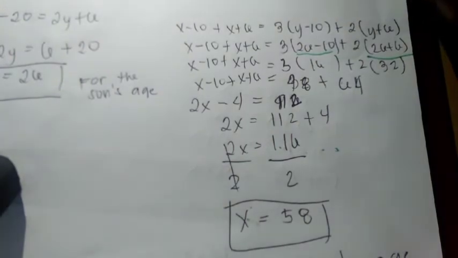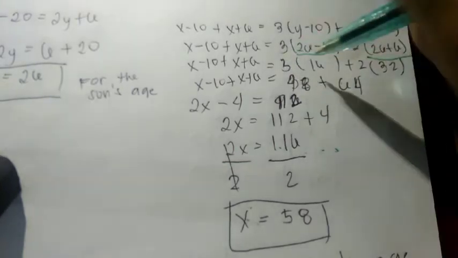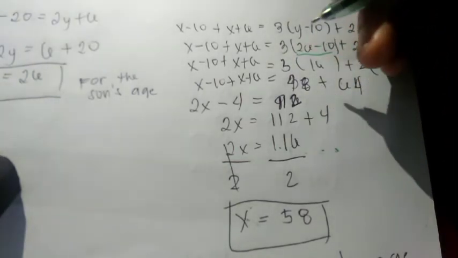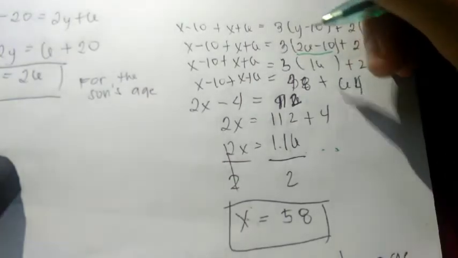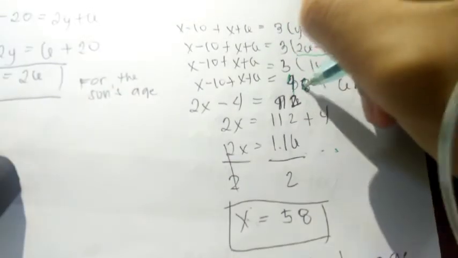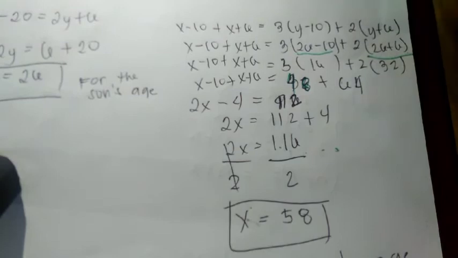After we subtract and add, let's multiply it by 3. So we have 3 times 16, so we have here 48. And then let's multiply the 2 to 32.